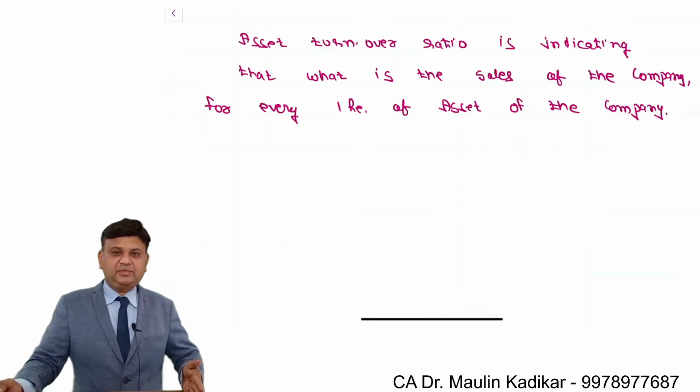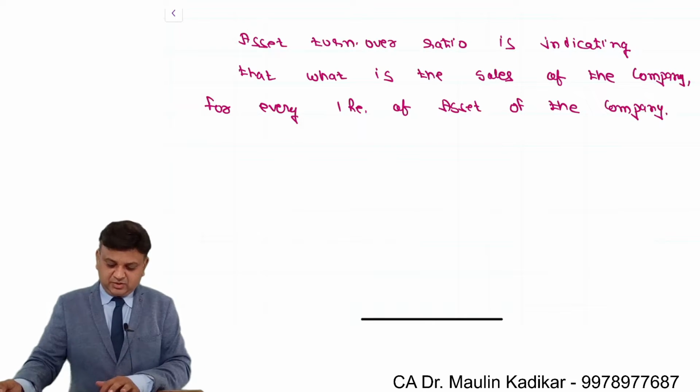So the sales of the company for every 1 rupee of the asset is indicated as asset turnover ratio.